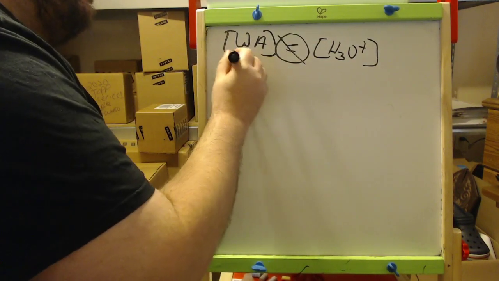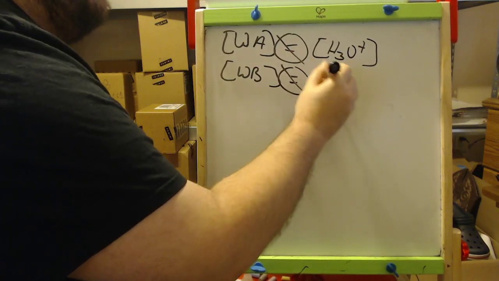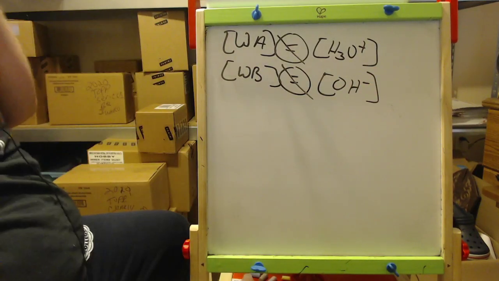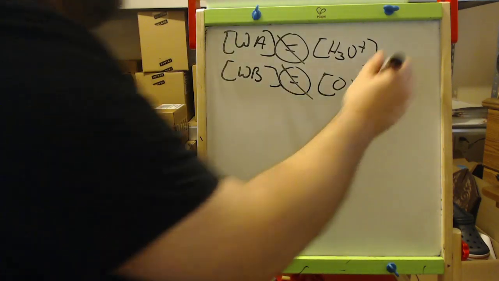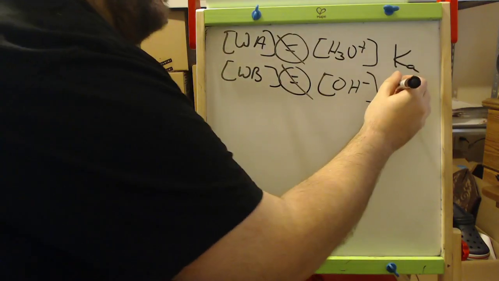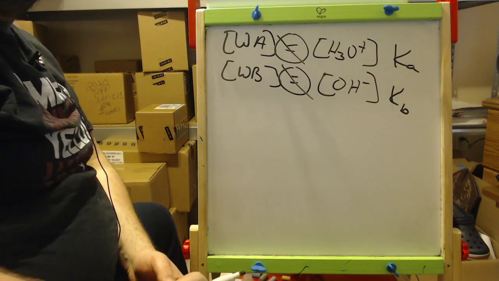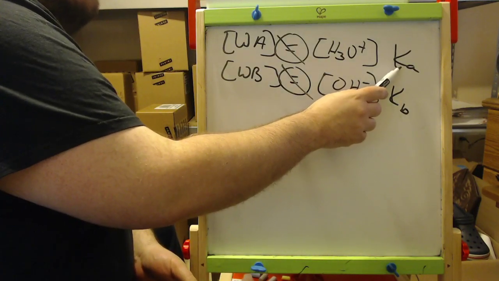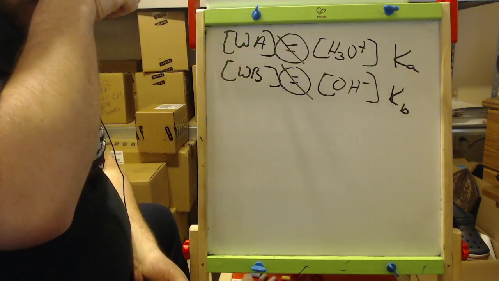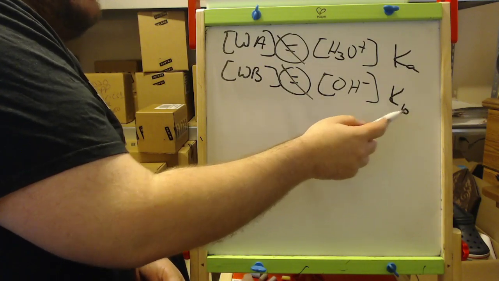For a weak base, the concentration does not equal the concentration of OH minus. We have to take into account the Ka value and something called the Kb value for our weak acids and our weak bases. Again, we talked about it at the beginning of the chapter: this is the dissociation constant for an acid, and this is the dissociation constant for a base.